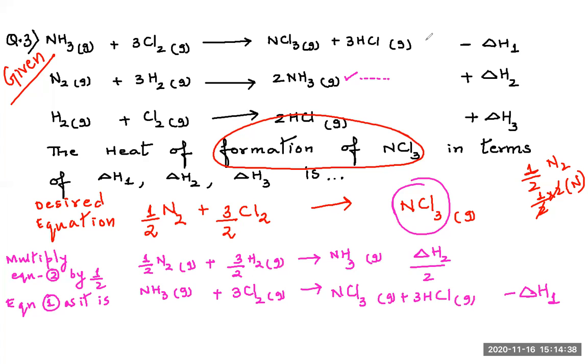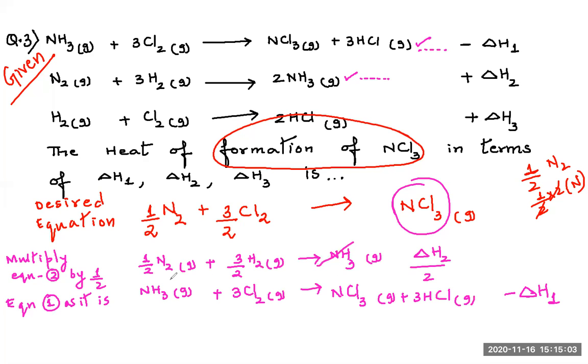So you have used equation 1, that is this one, and you have used equation 2, but you have not used equation 3. Okay, so you have to think, we can't leave equation 3, let us see how we can use it. Now, in this equation, as we see, this HCl is extra. And this NH3 is extra. No, NH3 is not extra.